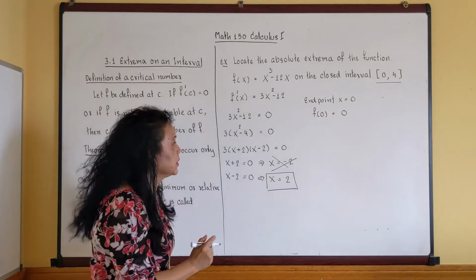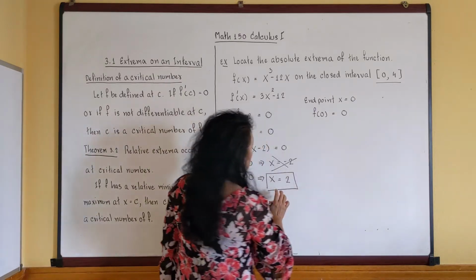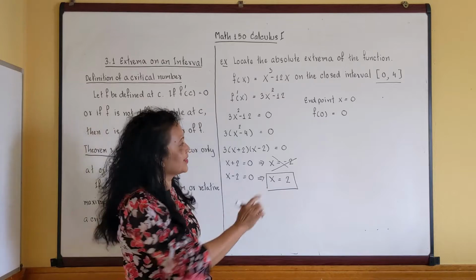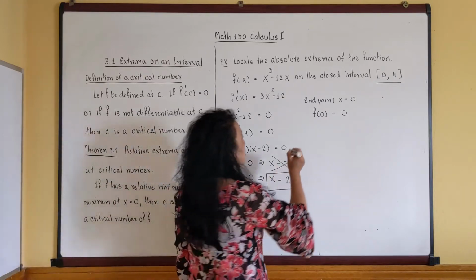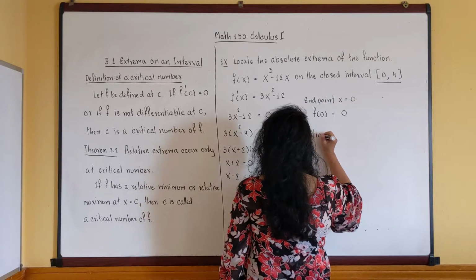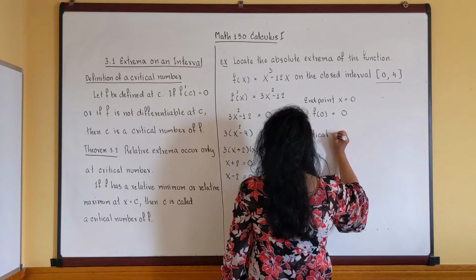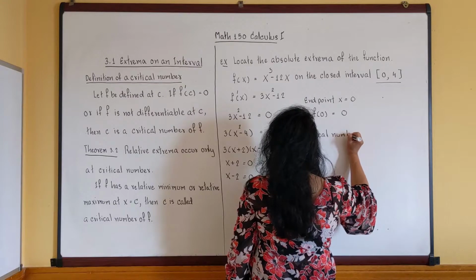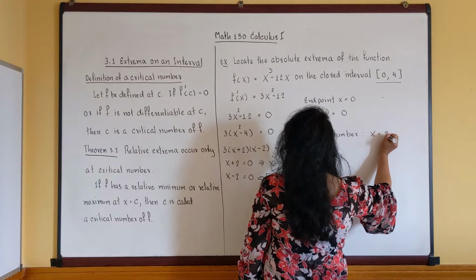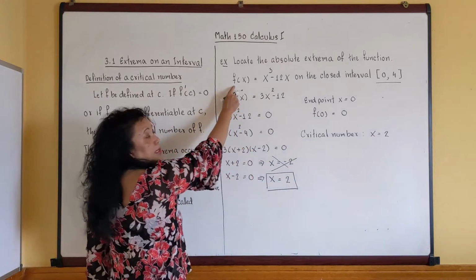Now I have a critical number, which is x equals 2. We're not going to use negative 2 because negative 2 is not in the interval. So for the critical number x equals 2, again, I'm going to substitute in here.